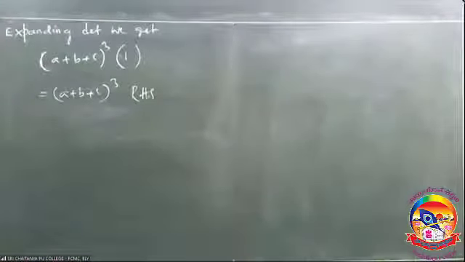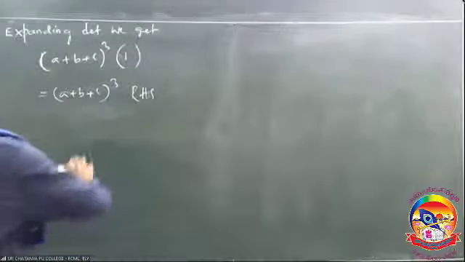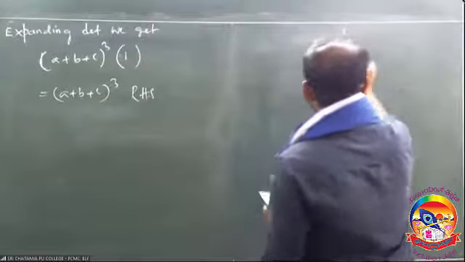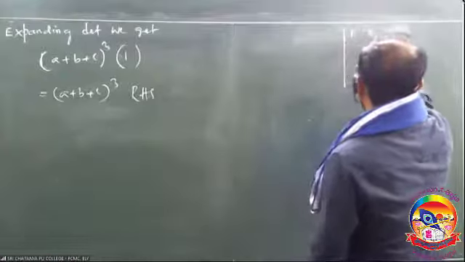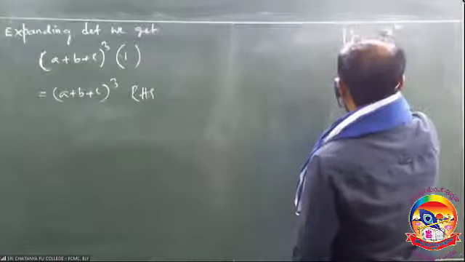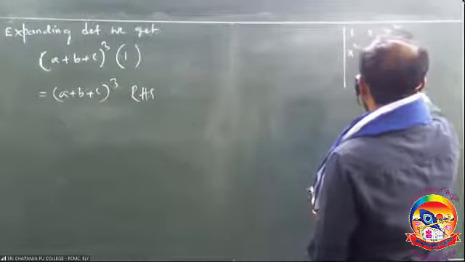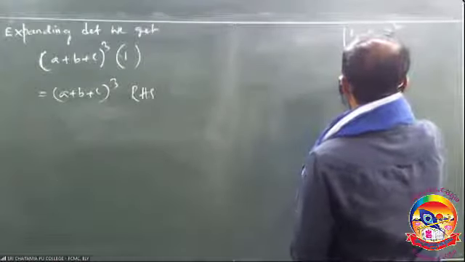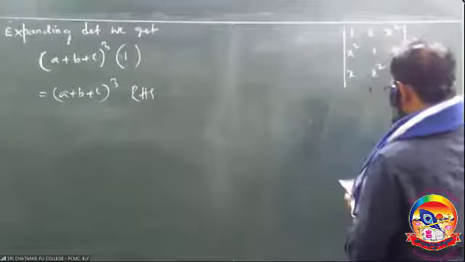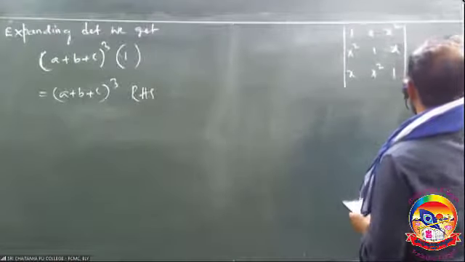Yes, write on the next problem. Take down the next problem. Prove that the determinant of 1, x, x square, 1, I'm sorry, x square, 1, x, x square, 1 is equal to 1 minus x cube whole square.